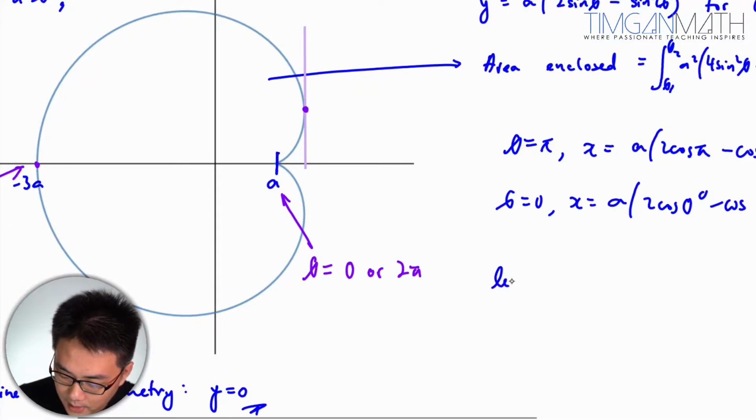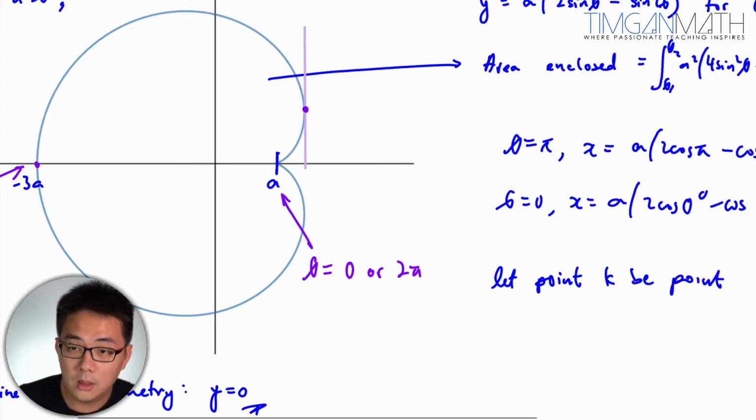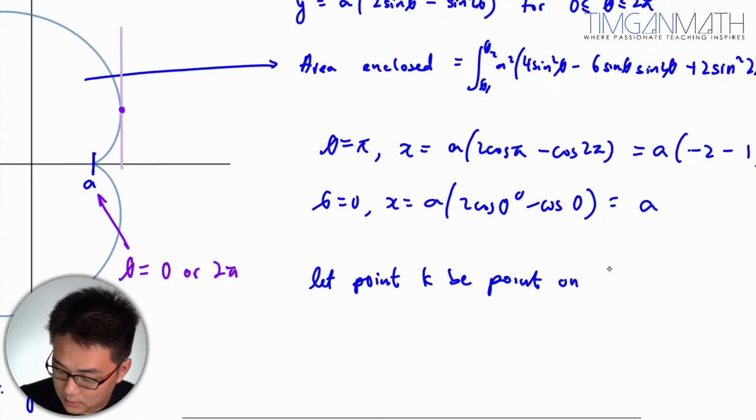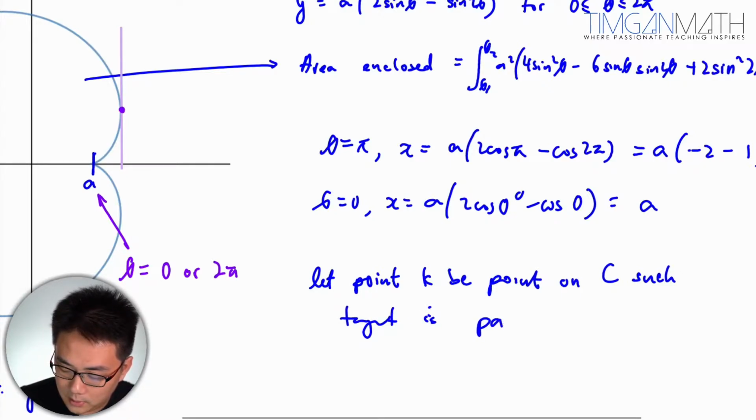So let point K be point on C such that tangent is parallel to y-axis. I actually don't really need to know.